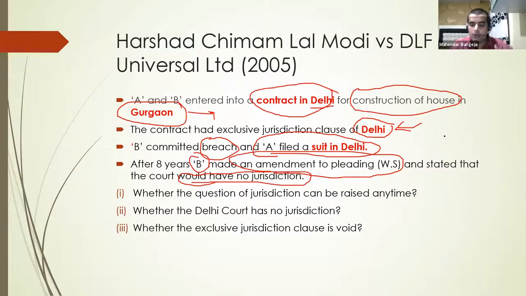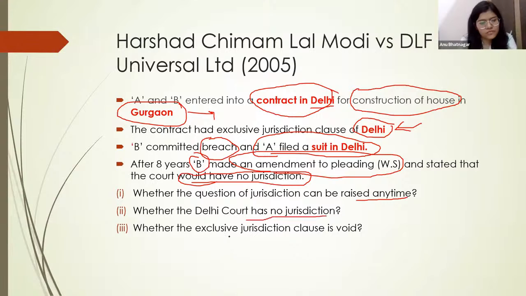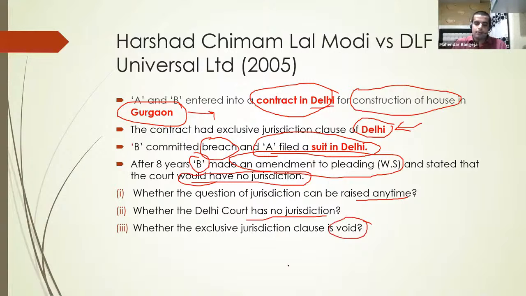Now, I want you guys to answer these 3 questions. First, whether the question of jurisdiction can be raised at any time. Second, whether Delhi court has no jurisdiction. Third, whether the exclusive jurisdiction clause is void. You guys can read it again.